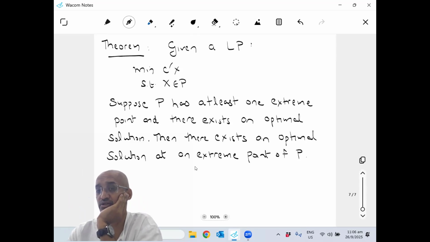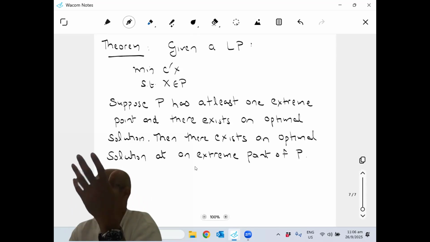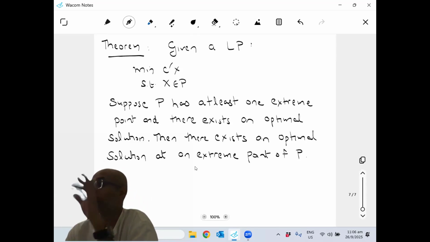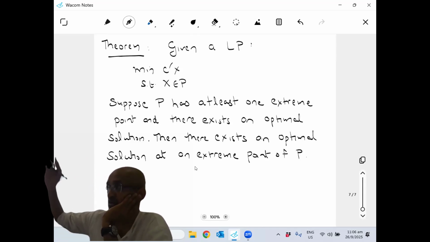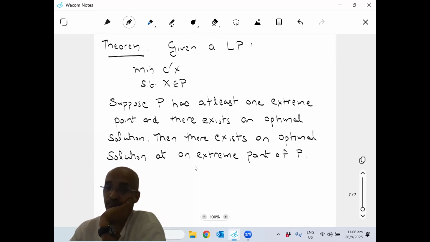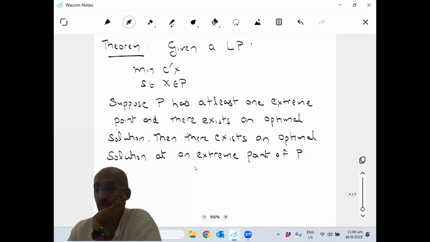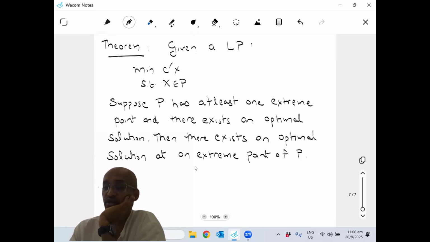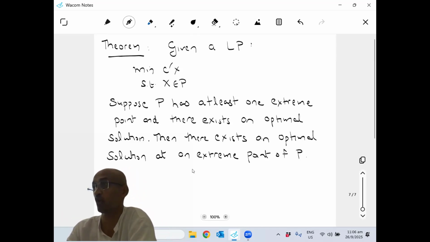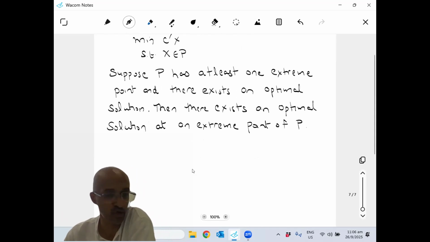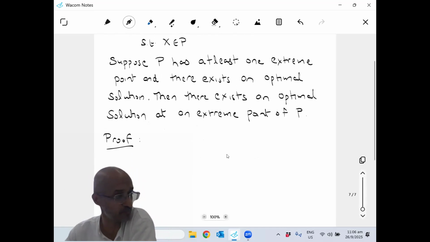If the polyhedron has an extreme point and there is an optimal solution, which means things are not unbounded in some direction where the objective function goes to minus infinity, and it's clearly feasible, then there exists one solution which is an extreme point of this polyhedron. We're going to argue this because it will help us in the algorithms to just focus on extreme points, or BFS, or vertices.